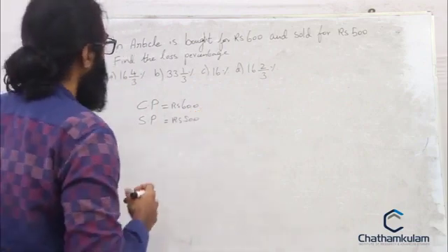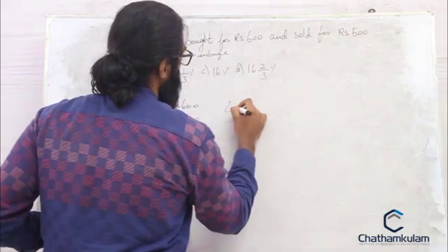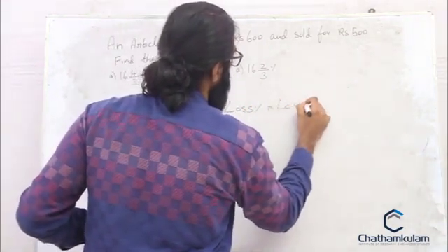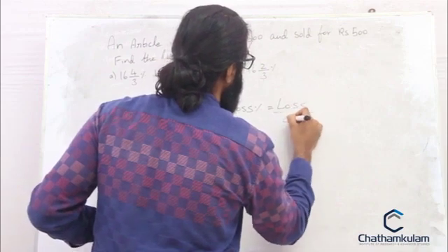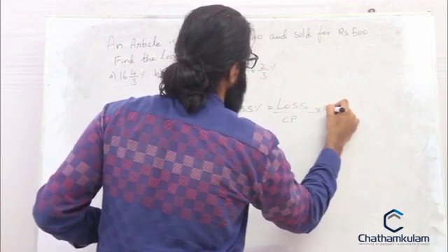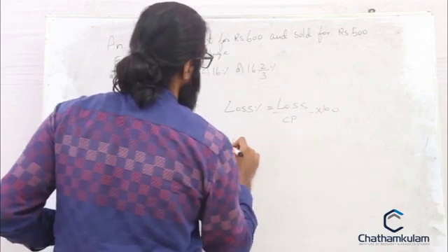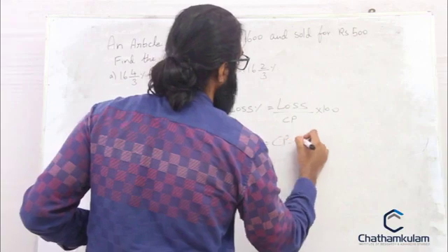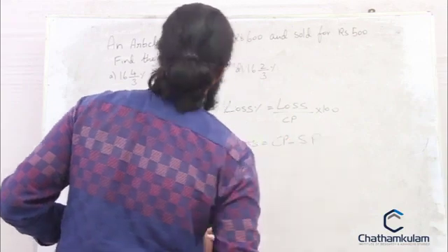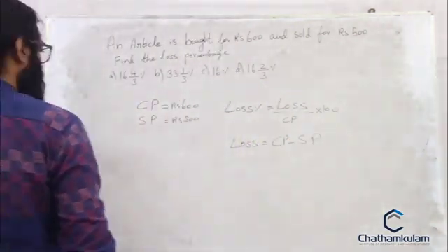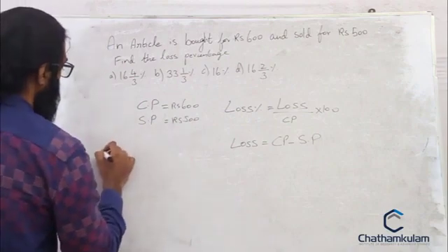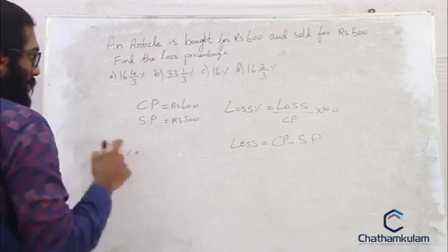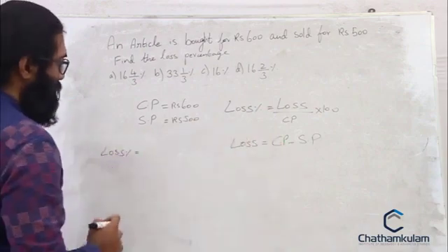We have a formula for loss percentage. Loss percentage equals loss by CP into 100. What is the formula for loss? Loss equals CP minus SP. Right. So we calculate loss percentage is equal to, what is loss? CP minus SP. Right.